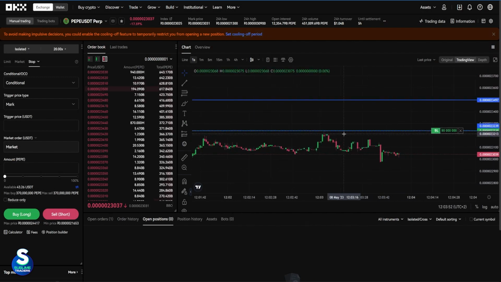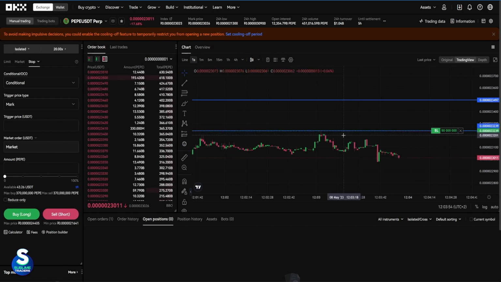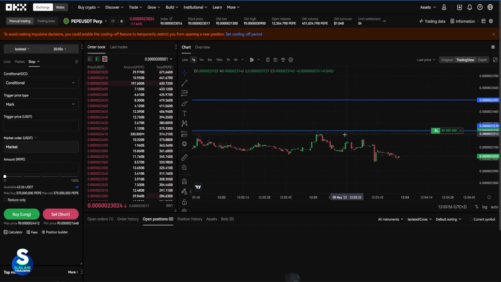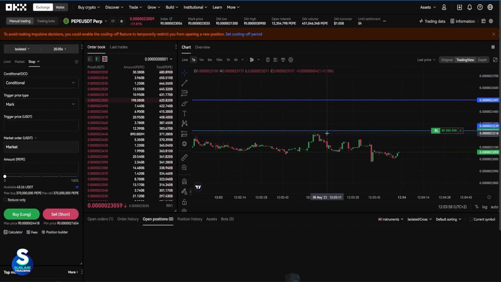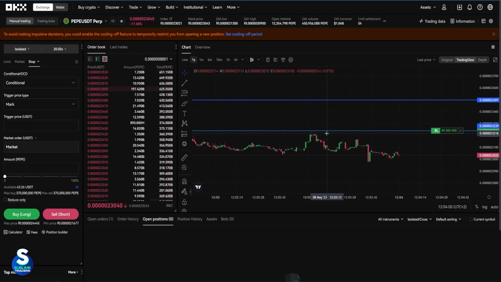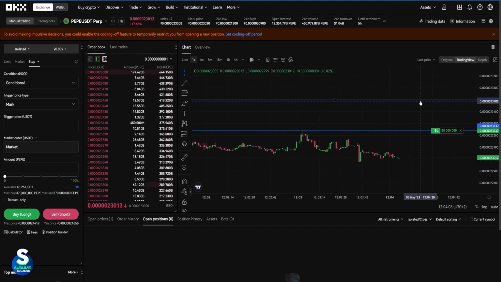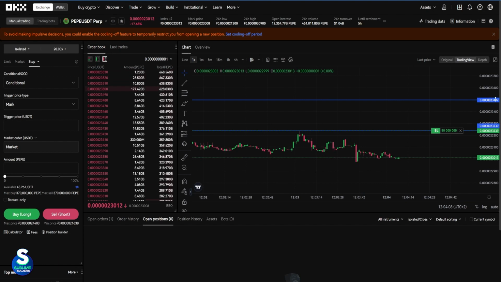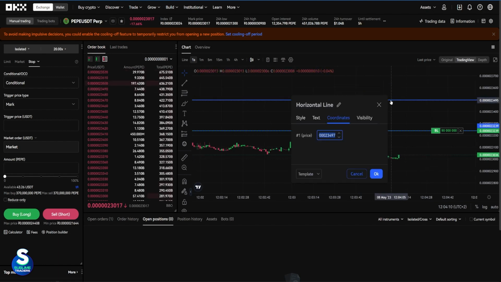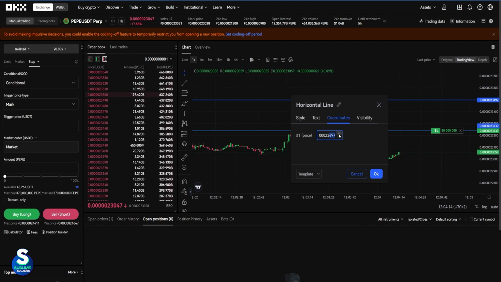All right. I'm waiting for this to break. Once again, I'm assuming that once the cluster that is positioned here is consumed, the price will continue with ease to the next big cluster. In this case, it would be the 23,500, and I'm going to mark it precisely like this.